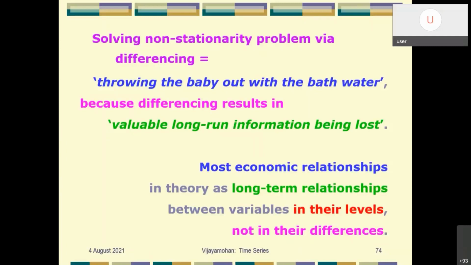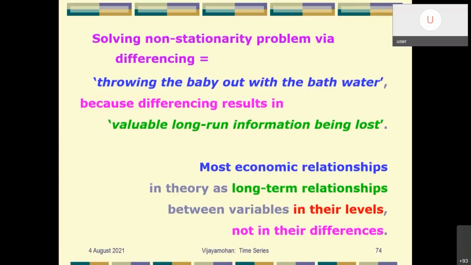So we will get the long-run information, valuable long-run information, only if we do the regression with the level variables, yt on xt. If we difference and do a regression of delta yt on delta xt, what we are getting is a short-run regression, not a long-run regression.